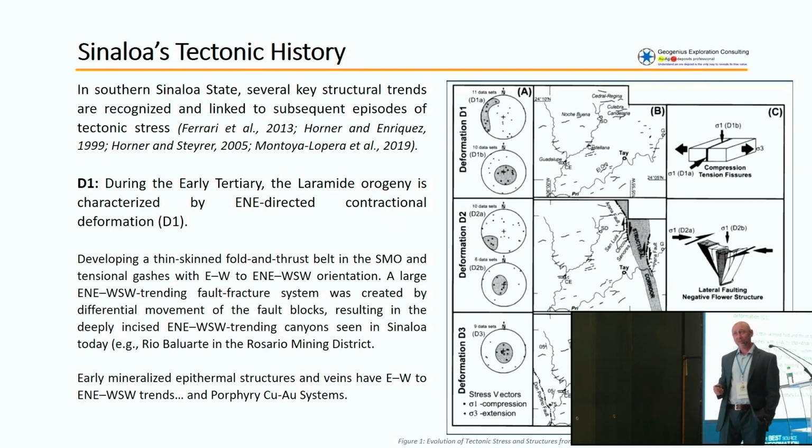My favorite part, tectonics. So D1, but I don't want to worry too much about this. Just remember that at D1 we are dealing with subduction, some compressive regime. So we're going to create these tension gashes, mostly east-west to northeast. So a compressive feature, and some people believe that Rio Baluarte and Rosario Mandestring were formed during these times, but of course, for me it's going to be the porphyry systems.